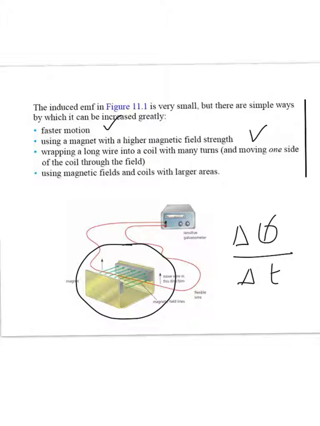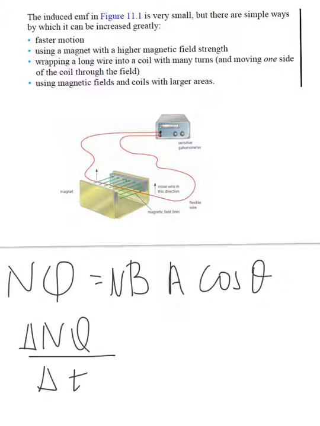You can use a coil. Okay, so this is to do with flux linkage. You can have more than one wire. Or you can increase the area. This is because of flux linkage. Mathematically, we can look at our relationships just to clarify this.